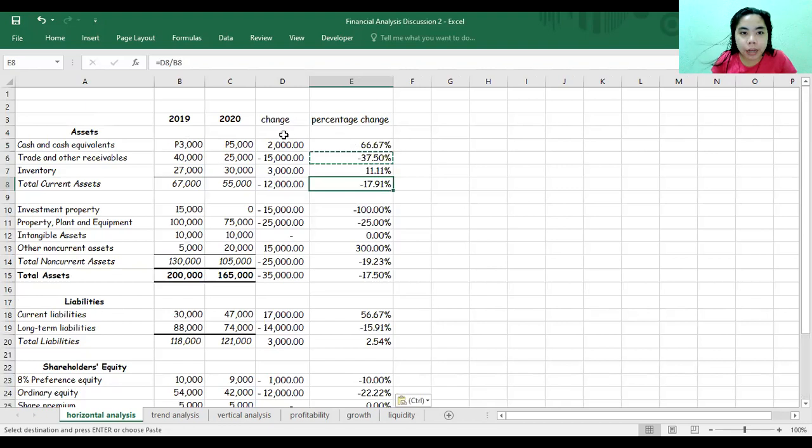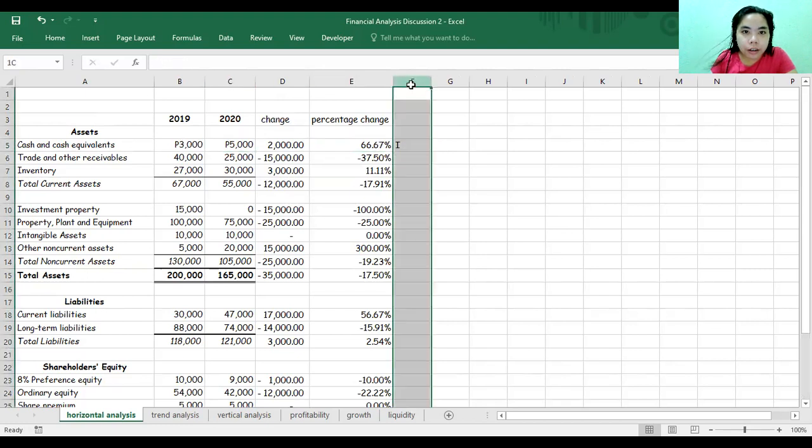This time, after getting the change in peso and the percentage change, this is the time that we analyze the result. For cash, there is a 66.67% change, and that is an increase. And that means, yes, it's good that we have increased our cash from 3,000 to 5,000.